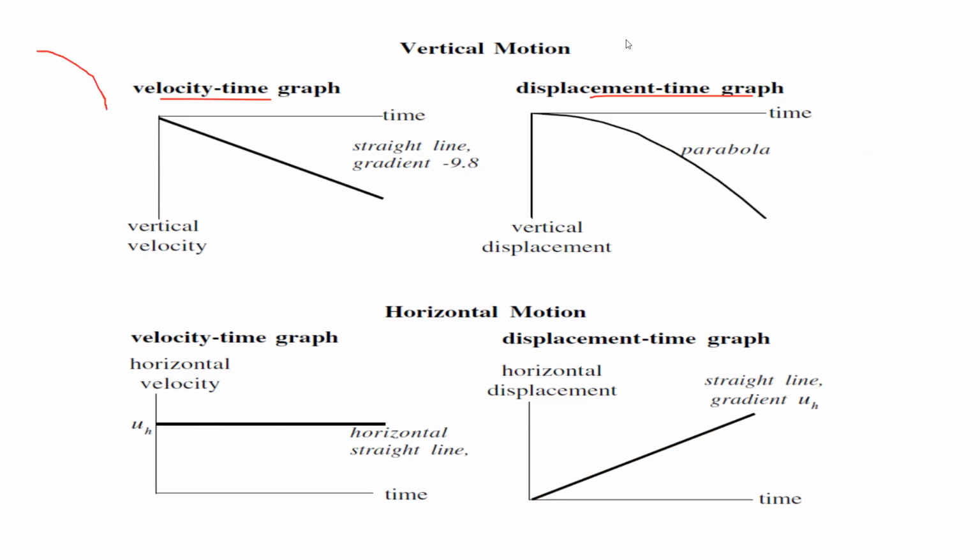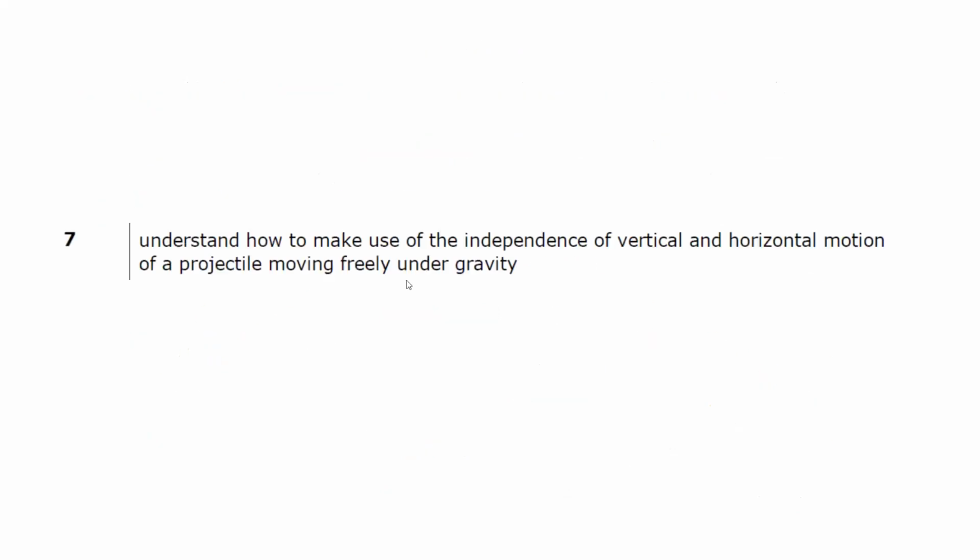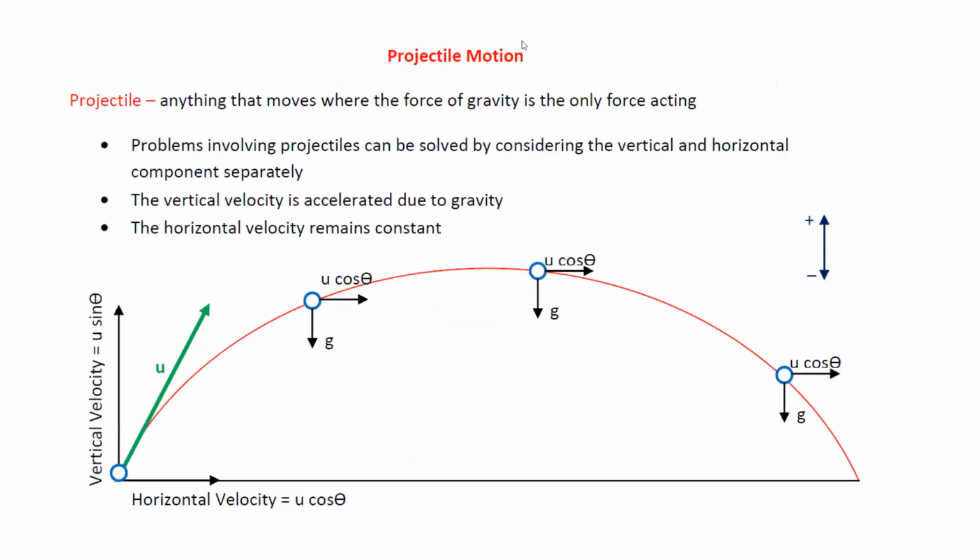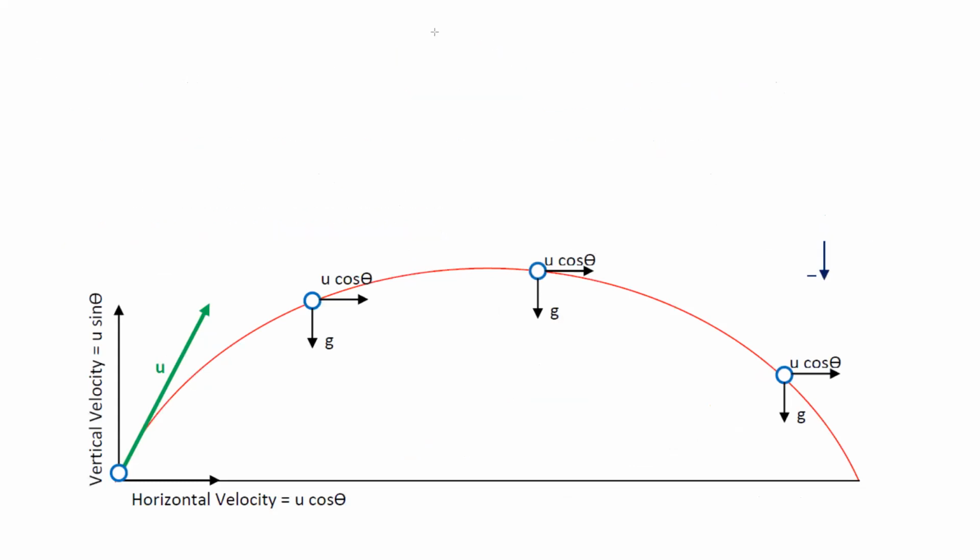If they ask for the full motion, as we did, if we are sketching a velocity time graph for vertical motion, in the beginning it is maximum, then it decreases, and then it increases.